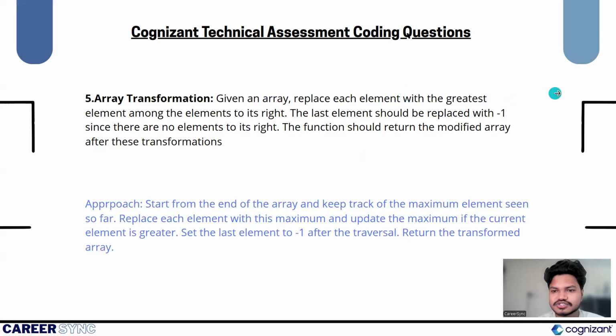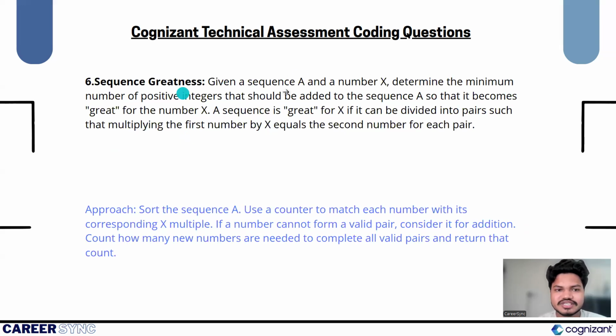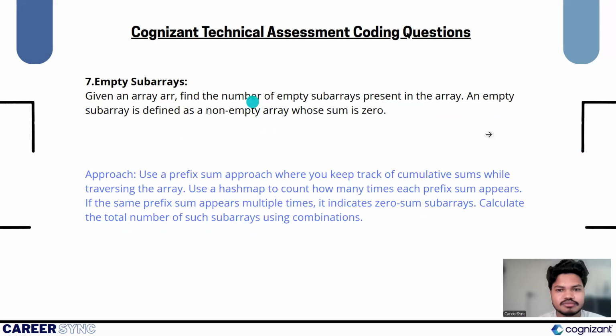Array transformation question. We will be moving forward to the next question. I will be sharing this PDF in my Telegram channel so you can go and check the pinned message. You will be finding this PDF, so you can download it and try solving the questions. Sequence greatness, empty subarrays.